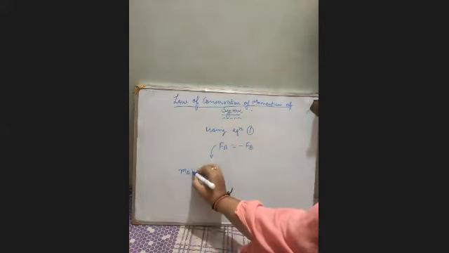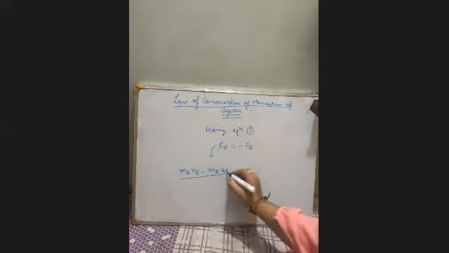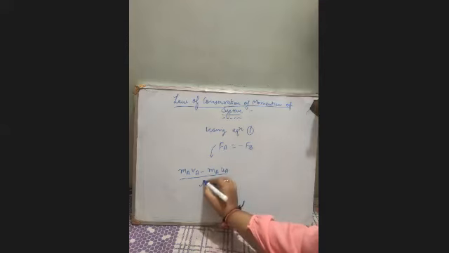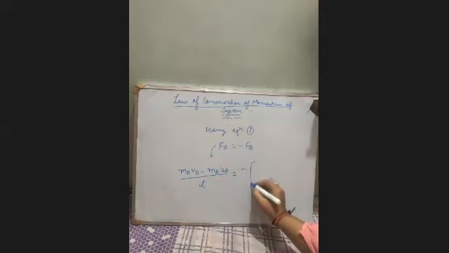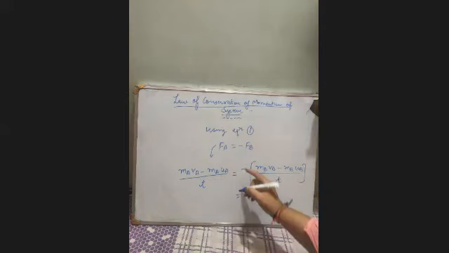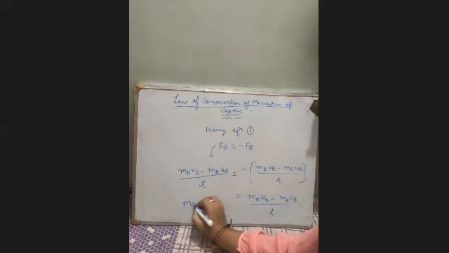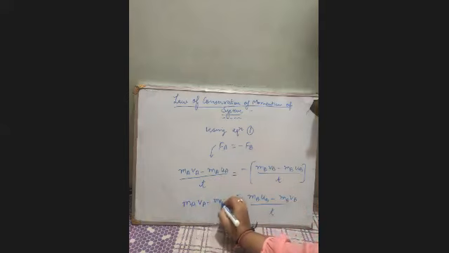Ma Va minus Ma Ua, that is change in momentum of object A divided by time, and it should be minus of Mb Vb minus Mb Ub divided by time. And just manipulate this, and what do I get? Mb Ub minus Mb Vb divided by time, and just cancel time.